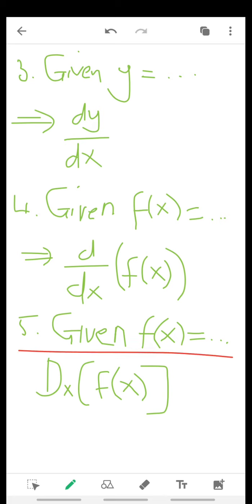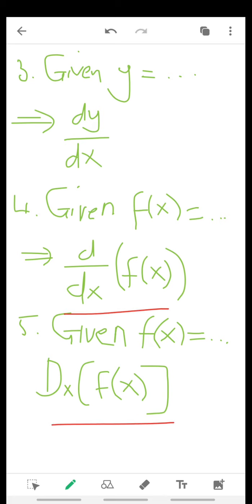Fifth notation, say I'm giving you f of x equals to whatever will be given to you. Then I say to you, find dx f of x. So the fourth and the fifth notation are more or less the same because in both of them, you only put the equal to sign after the f of x.